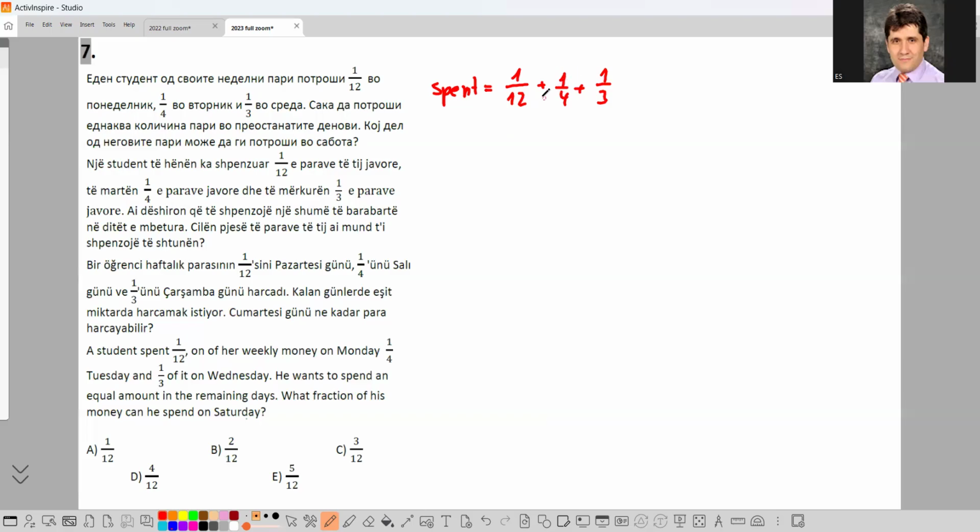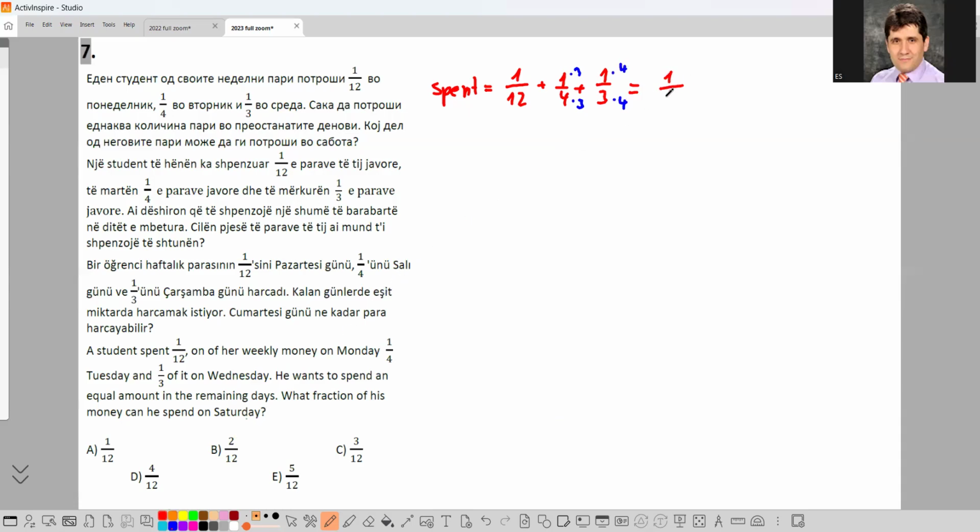Normally we would write here 1/12 of x, 1/4 of x, but in this case it really doesn't matter. The least common multiple is 12, so I multiply the second fraction by 3, both numerator and denominator, the third fraction by 4, and what do I have?